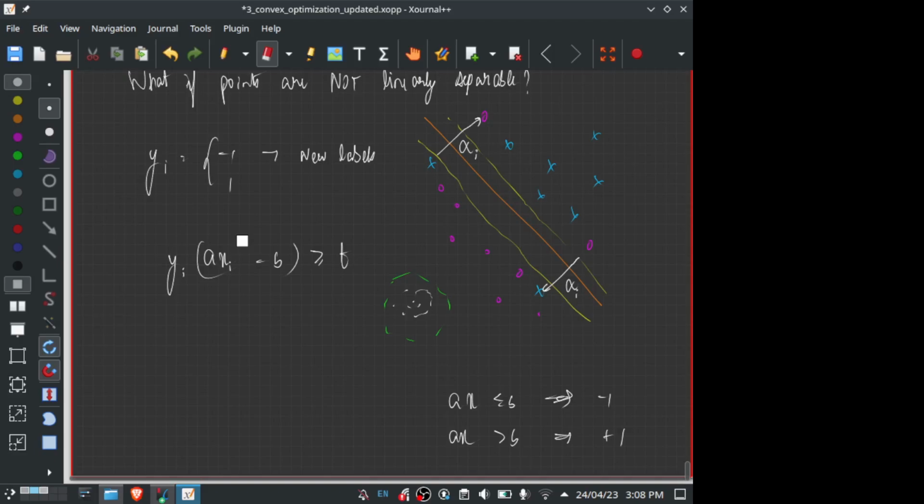Right now, if it were linearly separable, then I can say this, and it is not true if it is not linearly separable. Correct, if the norm of A is 1, if the norm of A is less than or equal to.